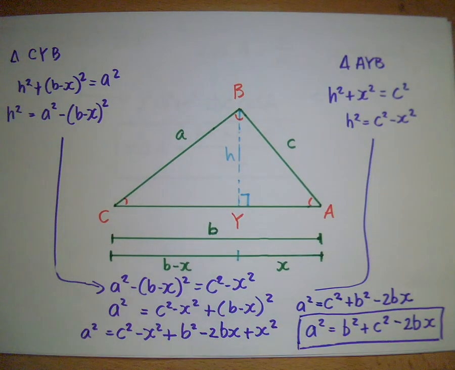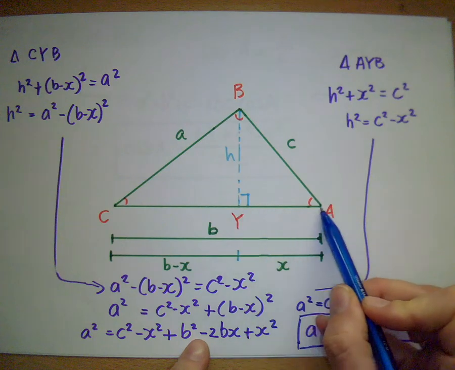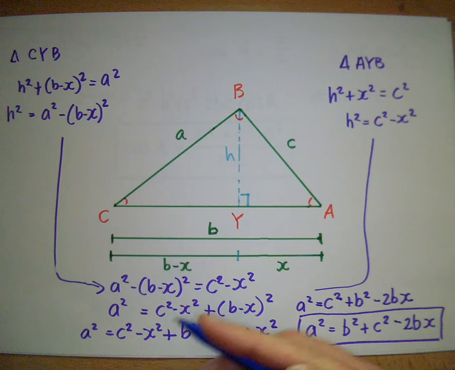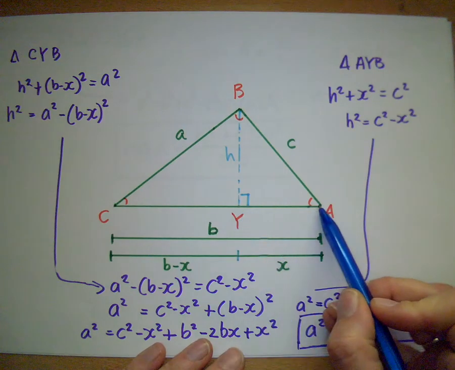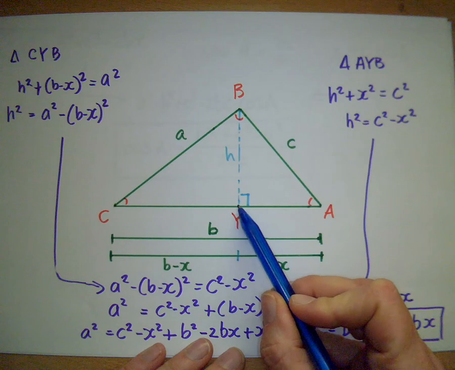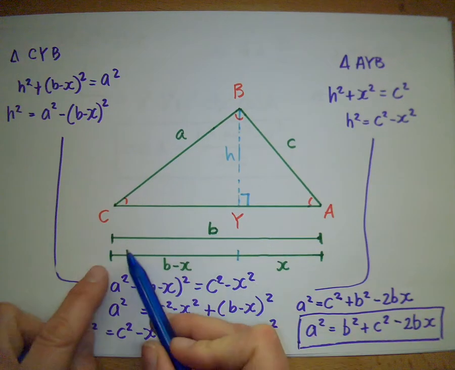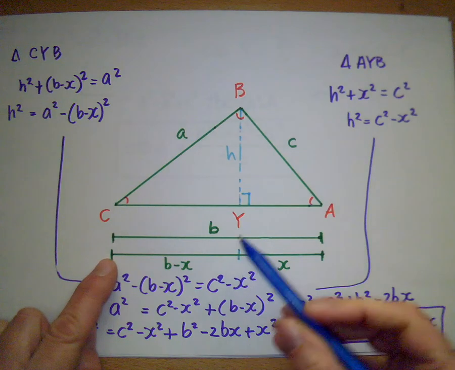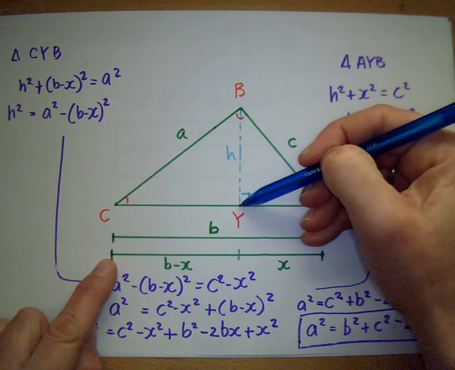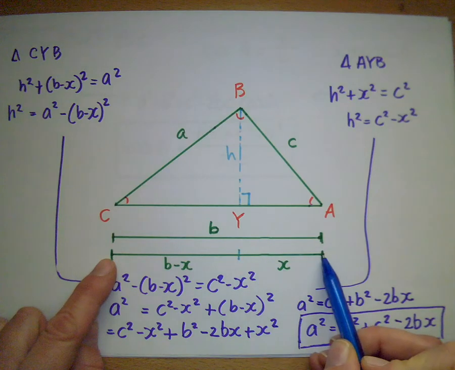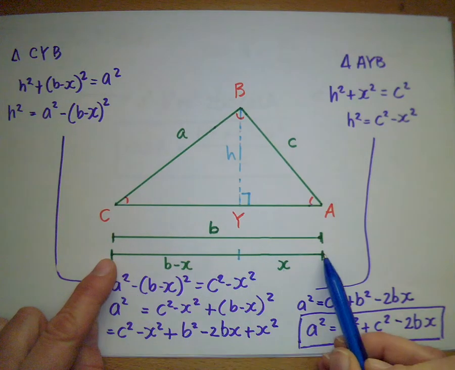Because we need to look at the length of this side to define the cosine rule, we decide to call this x, which is why I redrew the base again down here and said, look, this perpendicular line cuts it right here. We're going to call this part of the base x.